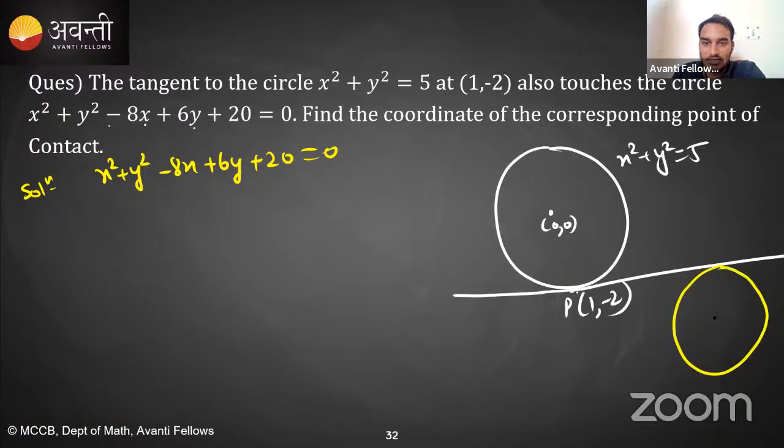This circle clearly has center (4, -3). So the question is asking us to find this point A, this point of contact.